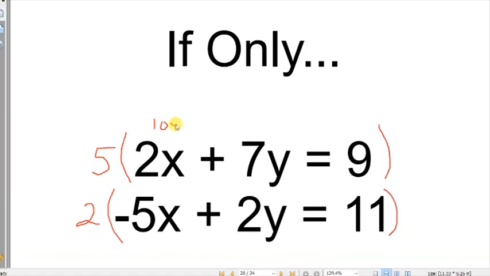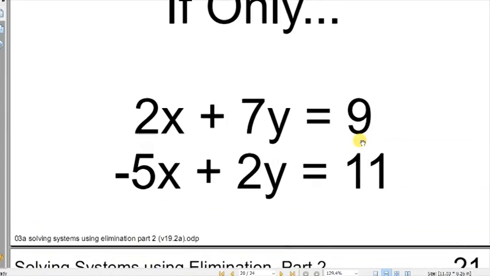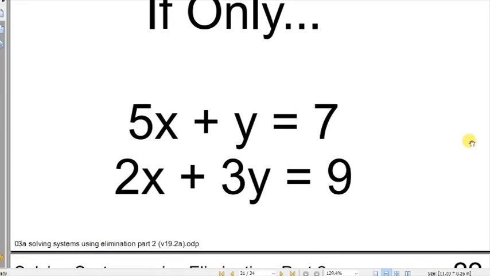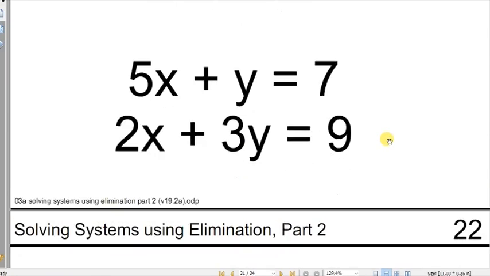And the bottom would turn into a -10x. And they would cancel out. Here, what would you do? I think I'd go with the top by -3. Everything on the top, hit it with a -3 and the y's would cancel out.